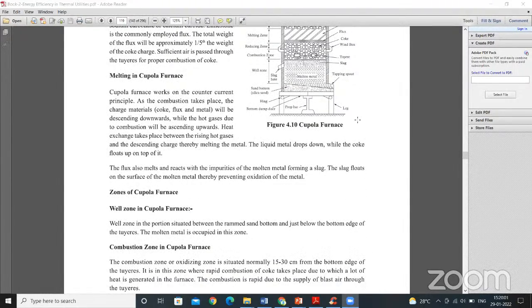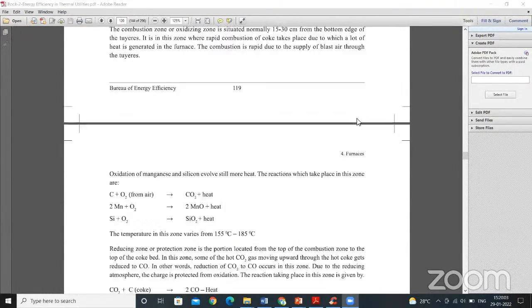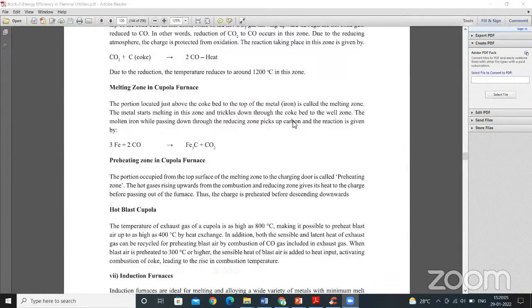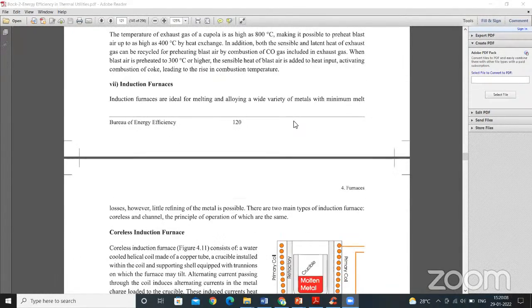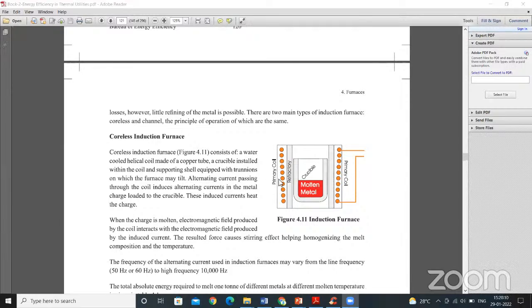Now, the next point is the induction furnace, which is the electrical furnace. In an induction furnace, you have a crucible, molten metal, and refractory insulation. Then you have a coil. This is a Kanthal material coil, a round, spiral type, located here.